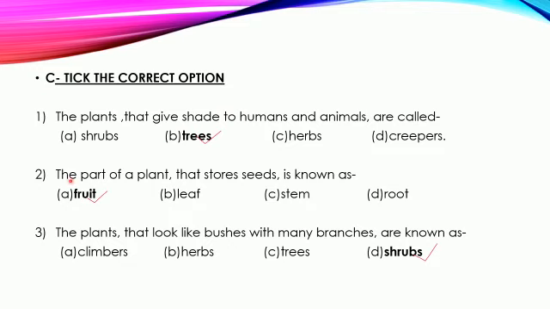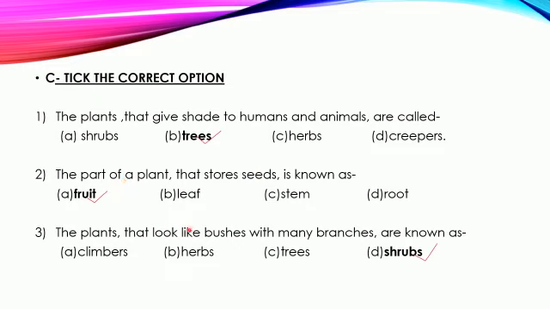Question number 2 is, the part of a plant that stores seed is known as. We have discussed this in the function of the parts of plants. We had discussed the function of fruit. What is the function of fruit? Do you remember? It stores seeds. So the answer is fruit. Number 3.